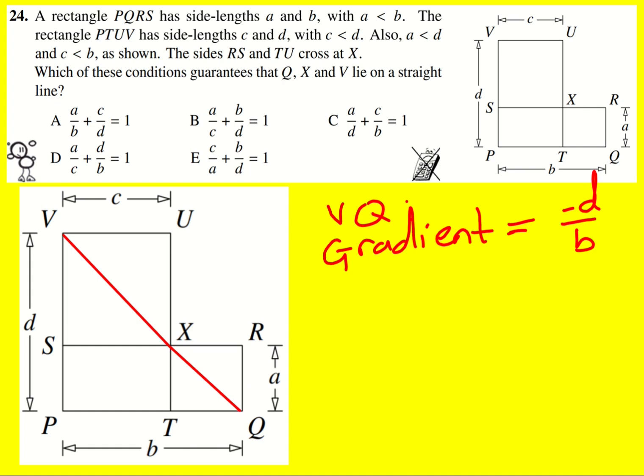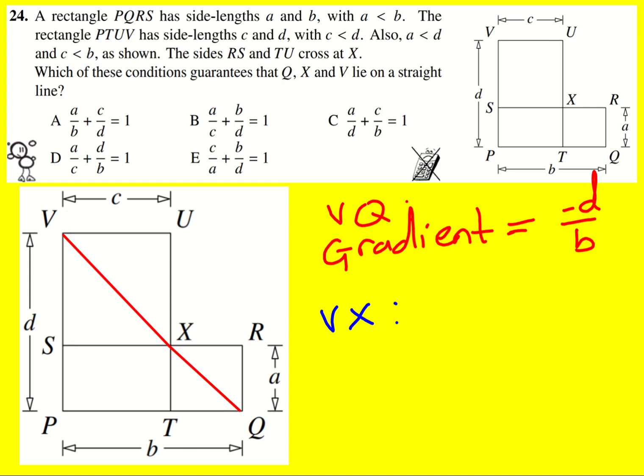So I think, what should I go with? I think Vx is actually quite good, because then the run is just c. Although having said that, for xq, the rise is just minus a. So yeah, they're probably similar in difficulty. Vx is going to be, well, I'm going down d, but then I'm going up a.